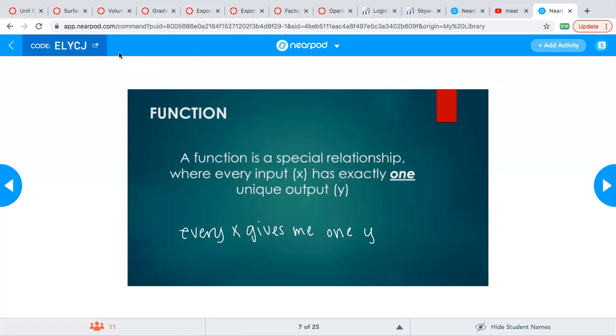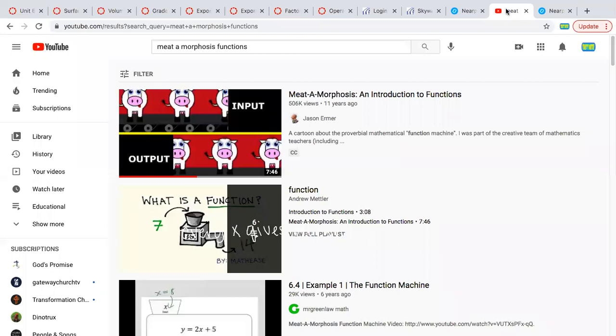If X was going with Y, why wouldn't X be faithful? I just don't get people who cheat. But for a function, for this relationship between x and y to function, x has to be faithful. Notice I keep saying x. Only x has to be faithful. X can only have one y.